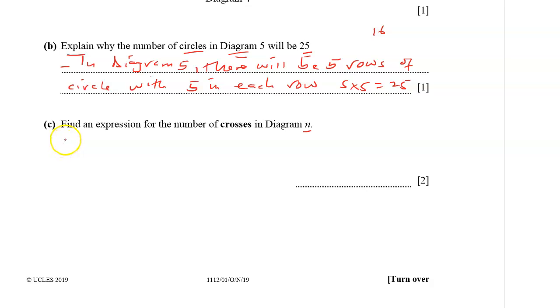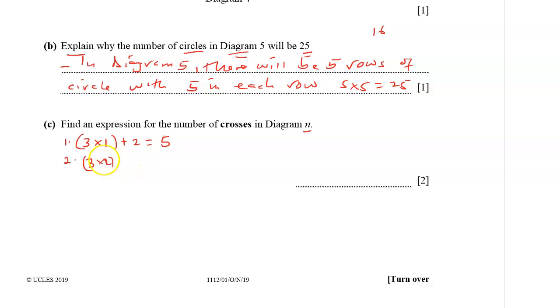The number of crosses in diagram 1 is 3 times 1, of course, plus 2. This will give us 5. Then the other is 3 times 2, sorry.